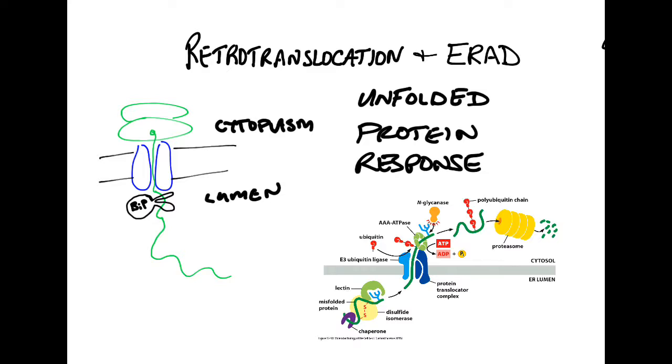But I did want to mention it because what happens is that the presence of increased numbers of misfolded proteins in the lumen is actually signaled to the nucleus to synthesize more endoplasmic reticulum chaperones, such as the so-called lectins that bind to the carbohydrate, BIP, and disulfide isomerase that removes those disulfide bonds so that they can be retrotranslocated out.